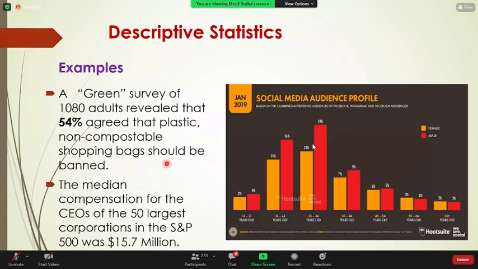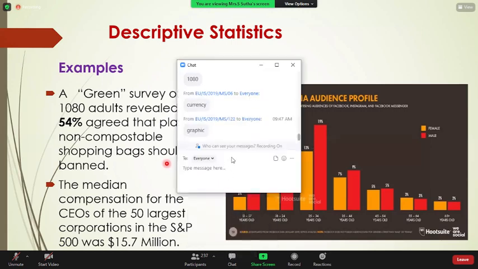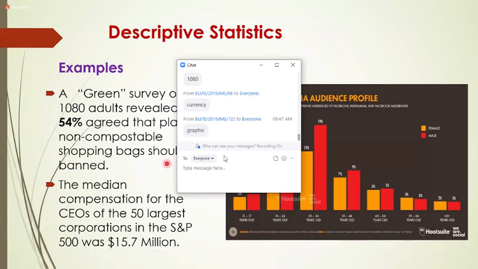What is the measure we used to describe the data? What is the measure we used to describe the data in the second example? Both answers are wrong.